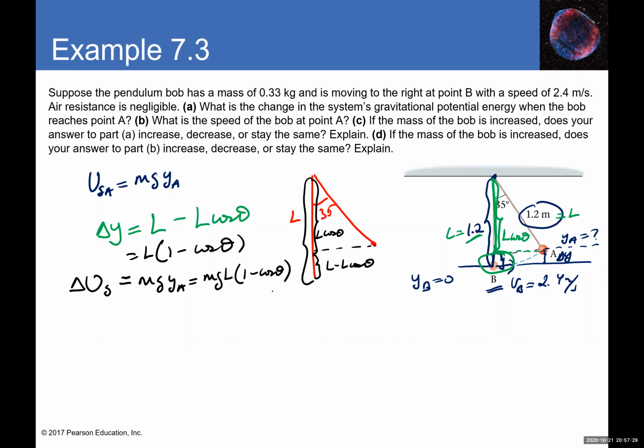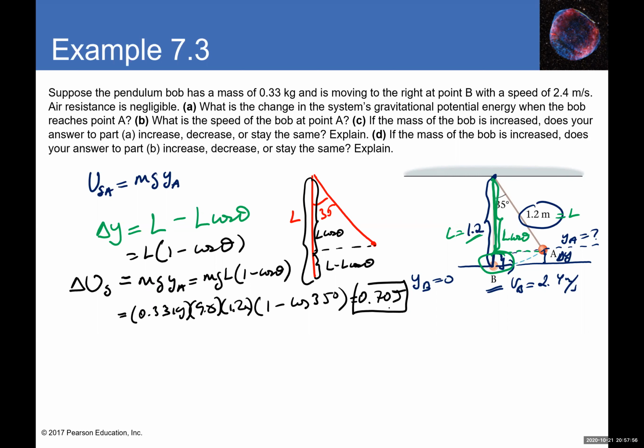And I can calculate this to be 0.33 kilograms times 9.8 times 1.2 meters, then times 1 minus cosine of 35 degrees. All right. So we're going to get 0.7 joules.